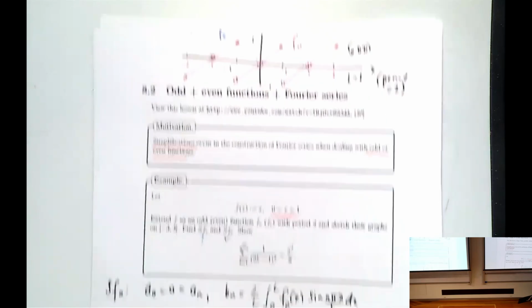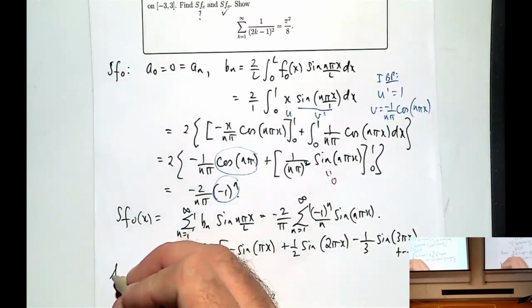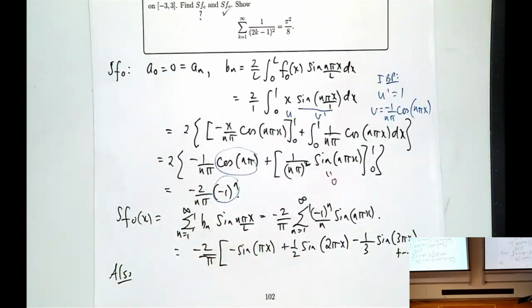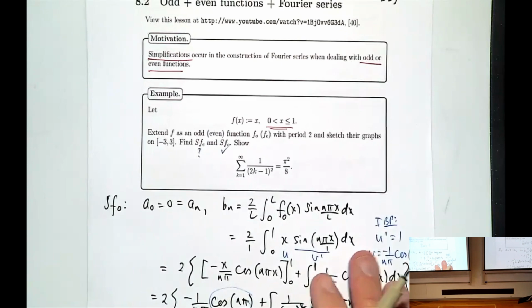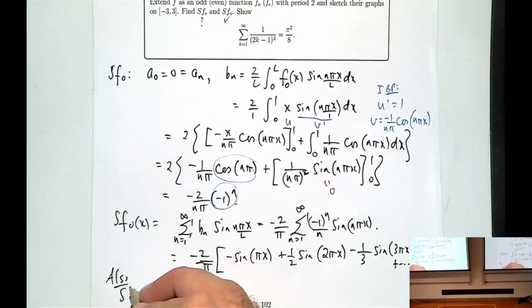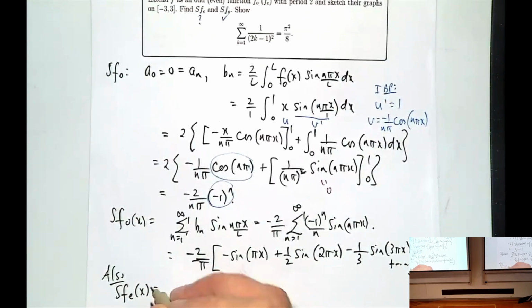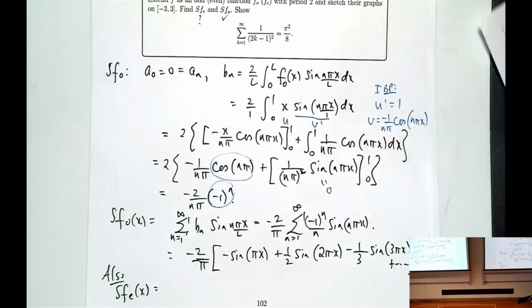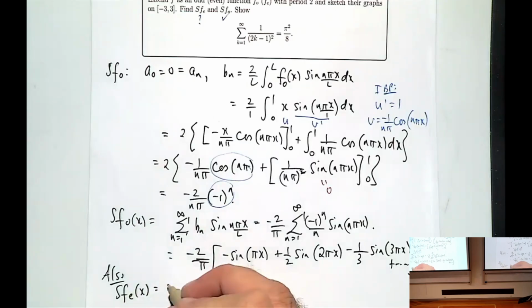So I won't do all the things for the SFE, but I'll use it to solve. I think I'll use it. Oh no, I'll use the first one to do that. This is the expansion for the even extension, right?